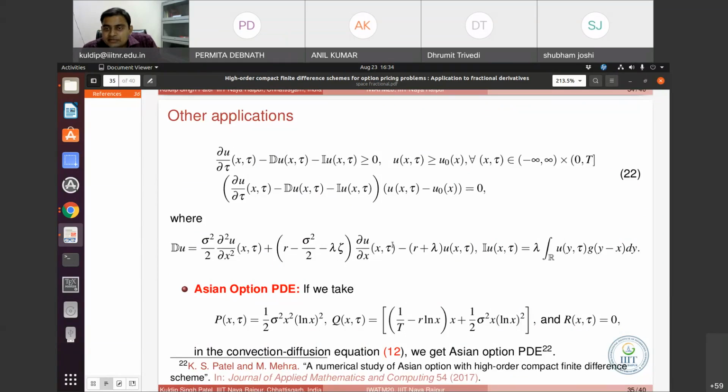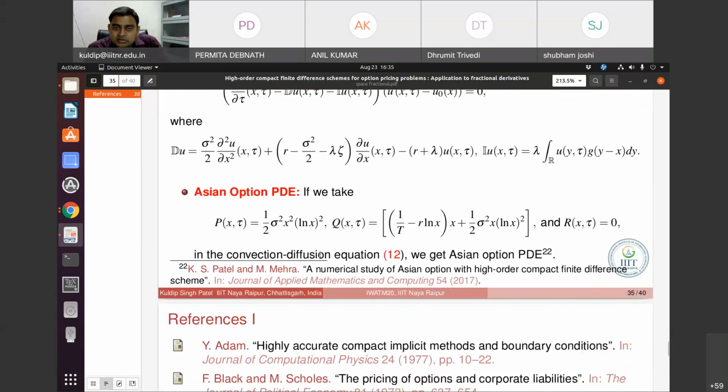Then there is a well-established method called the compact scheme, which is established for all kinds of mathematical modeling problems, whether partial differential equations, partial integro-differential equations, linear complementarity problems, time fractional differential equations, or space fractional differential equations, arising in finance or not, doesn't matter. For all kinds of things, we have developed a robust numerical method which is accurate, efficient, and gives us the desired properties, right? So this is all about this lecture.